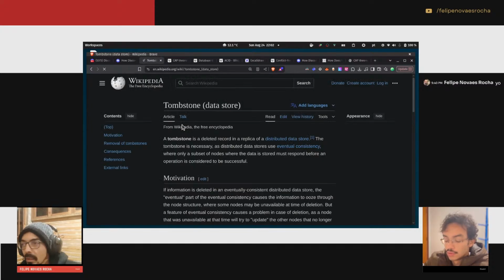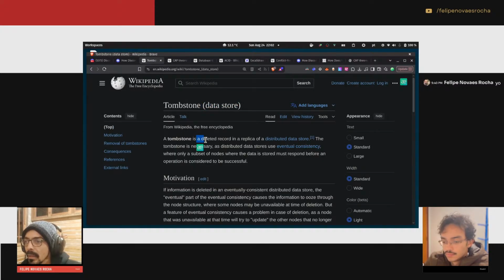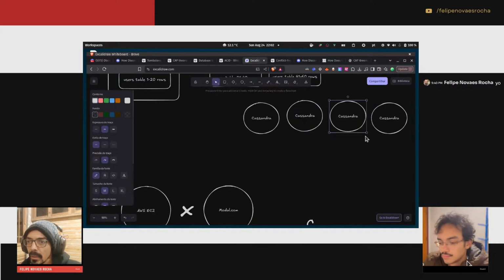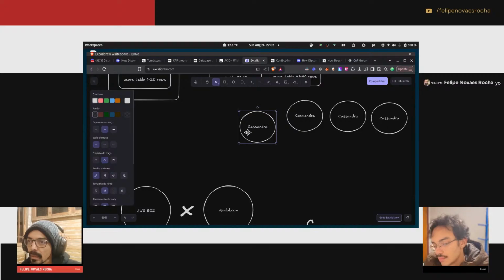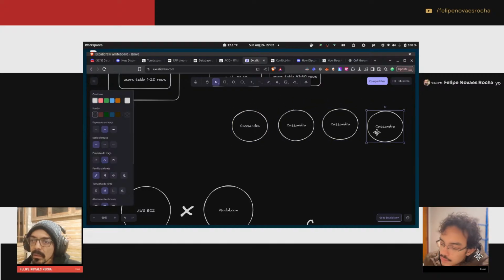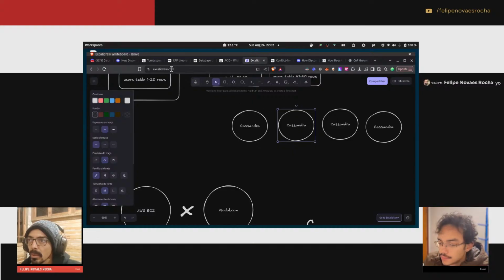So a tombstone in a data store is a deleted record in a replica. So we have the replica here. That's going to be the master, those are going to be the replicas, and that deleted record we're going to call a tombstone.